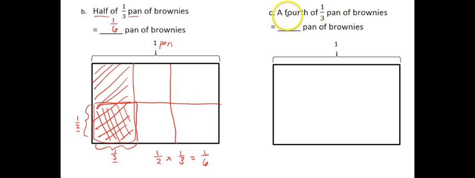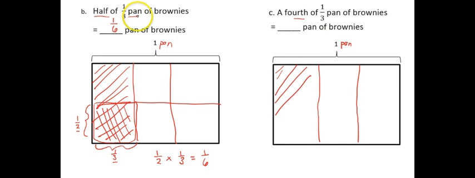Question C is asking for 1/4 of a third pan of brownies. Again, the whole is 1 whole pan. We're going to start with 1/3 of the pan. So we'll draw our thirds, shade in 1/3. So the column is showing me 1/3 of the pan. That's what I have at the start.